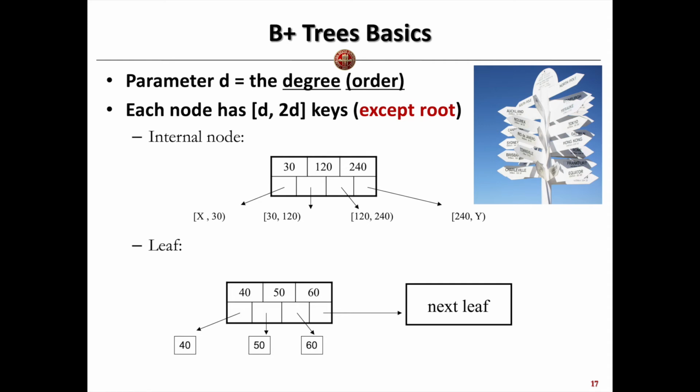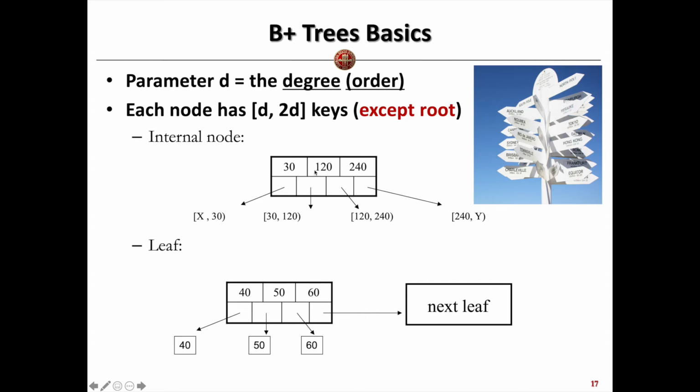Each pointer has some concrete physical meanings. The left pointer points to the children nodes, and it also denotes a range, because it's the left pointer of this 30, right? Therefore, all the values in the children nodes this pointer points to should be in a range from a number x up to 30. Here it is the parentheses. And this pointer is between 30 and 120, right?